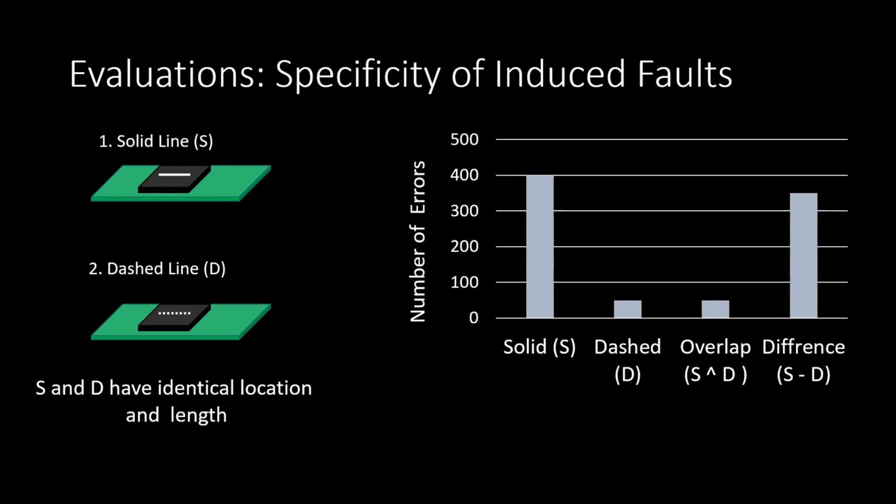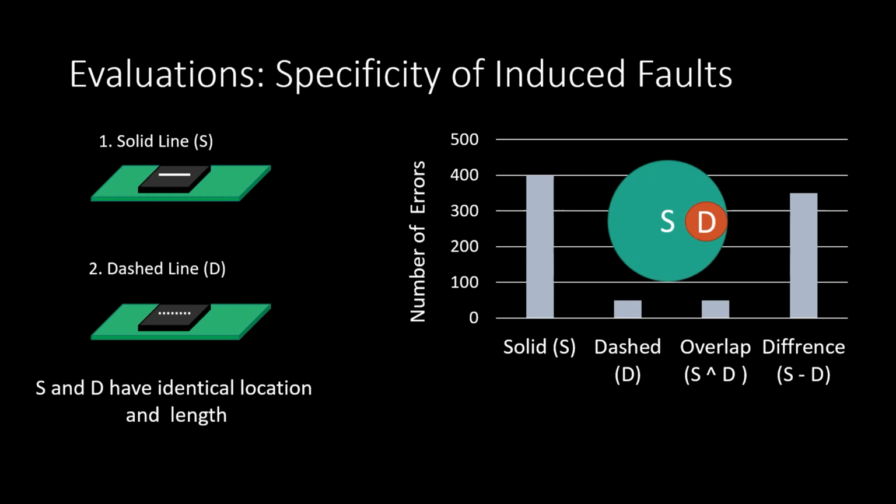But what's interesting is if you compute the overlap or the intersection of the solid and dashed lines, all the errors that we got for the dashed line were present in the solid line. If we draw a Venn diagram of these two sets, the dashed line is completely inside the solid line set. It's a subset.